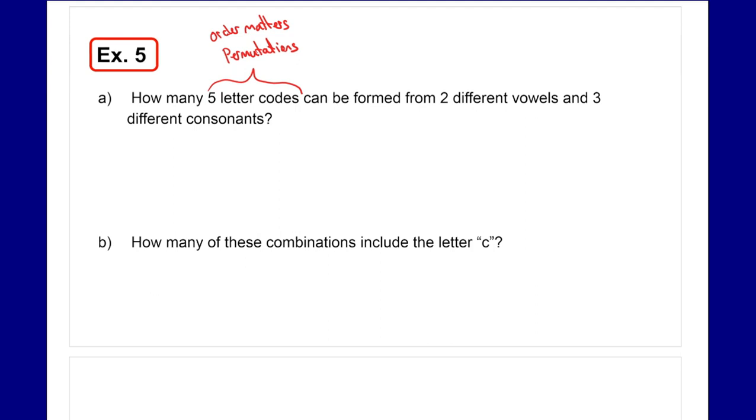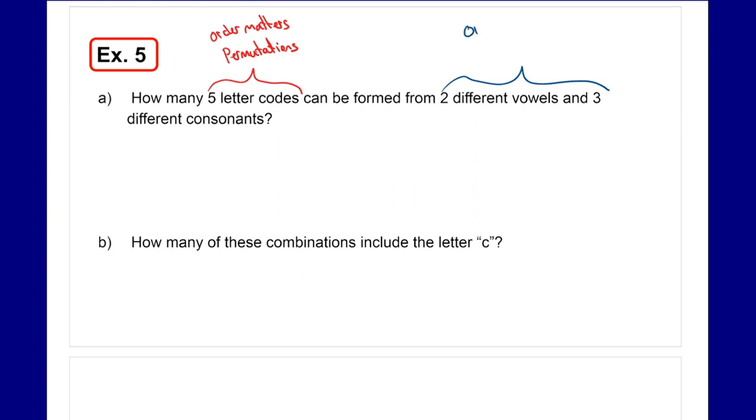But in terms of selecting what things we could use, it doesn't matter what vowels I choose of the 2 different vowels or what consonants I choose. Right? It doesn't matter what order I pick those 2 vowels. What matters is that I've selected them, I've chosen them.